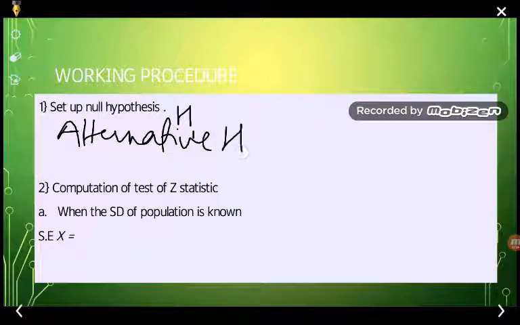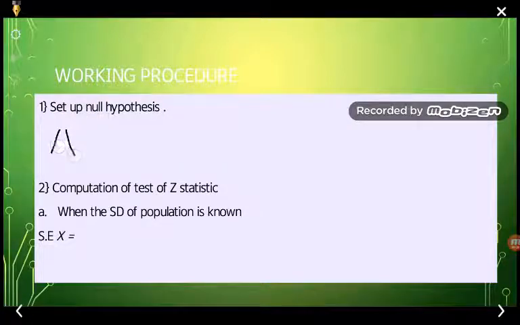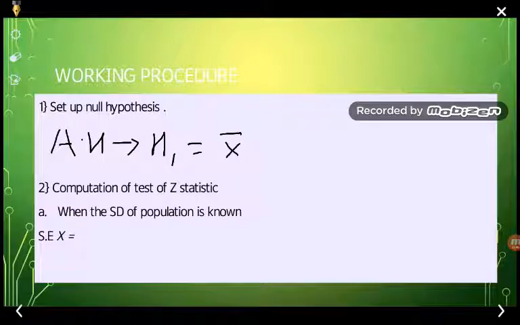This is the sample mean and this is the population mean, and we say there is a difference between them.